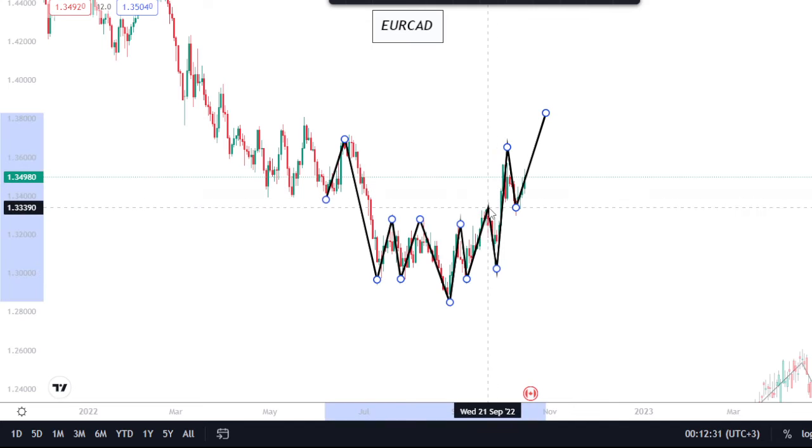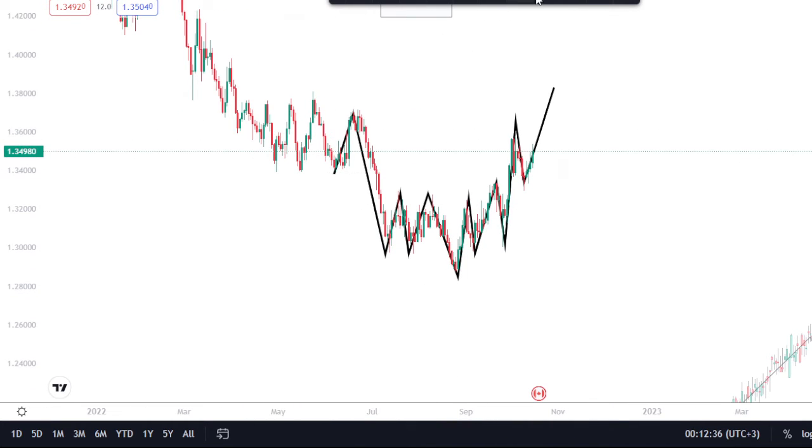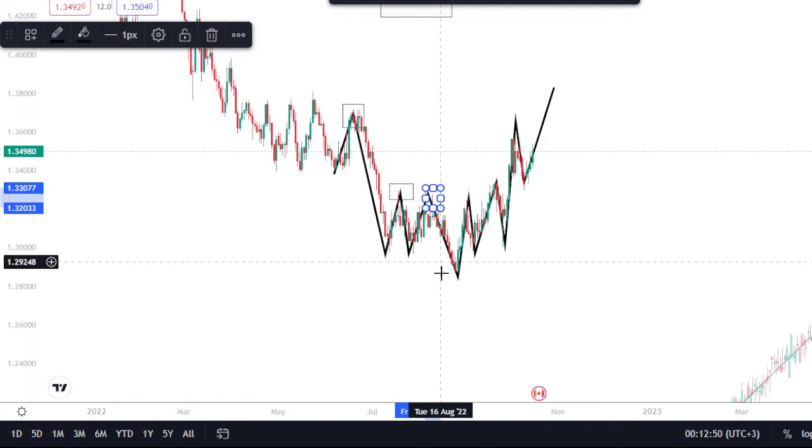So what happens is you realize that as the market was moving here, we had these highs. This was the first high, you see, right? When it made a new low like this was its last high, you see. When it made this high again, this was its last low, you understand?